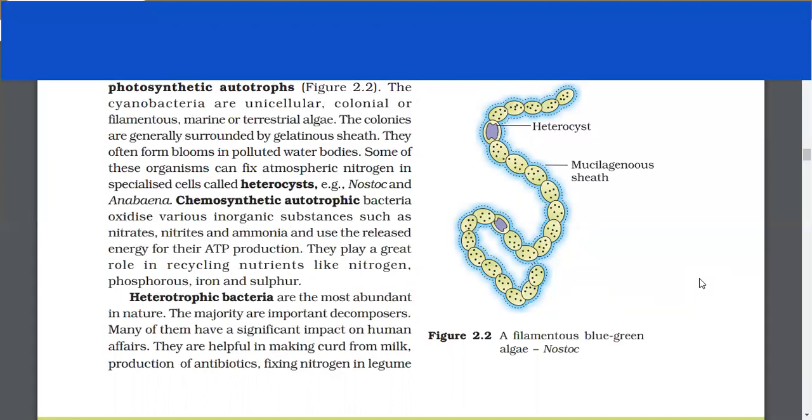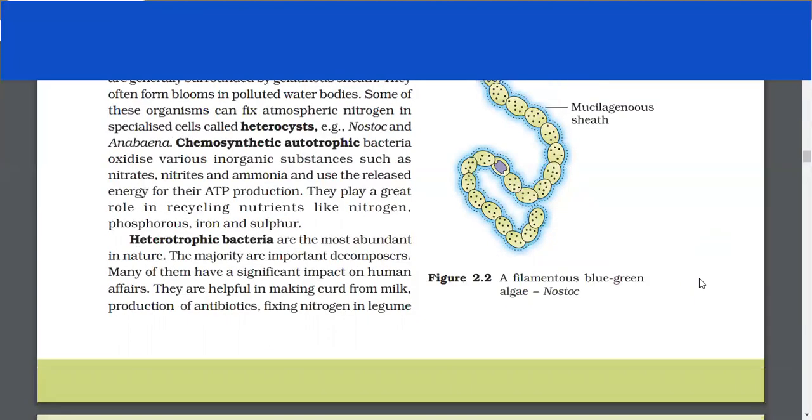Chemosynthetic autotrophic bacteria oxidize various inorganic substances such as nitrates, nitrites, and ammonia and use the released energy for their ATP production. They play a great role in recycling nutrients like nitrogen, phosphorus, iron, and sulfur. Heterotrophic bacteria are the most abundant in nature. The majority are important decomposers.